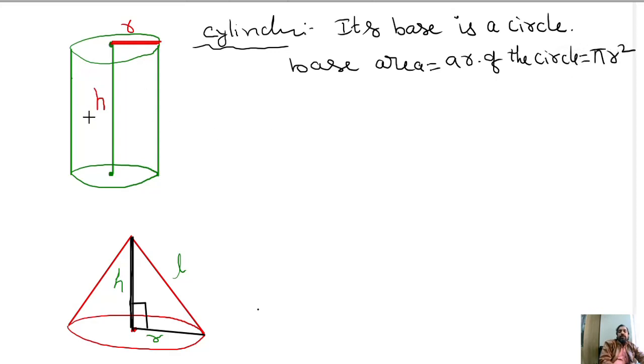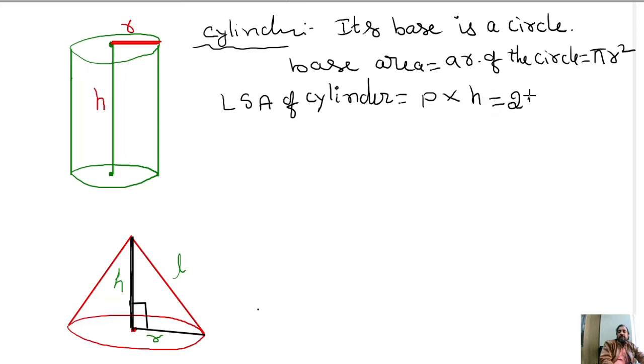Now what about the LSA of cylinder? LSA is nothing but the perimeter of the base into height. The perimeter of the base is the perimeter of the circle, 2 pi r, into h.